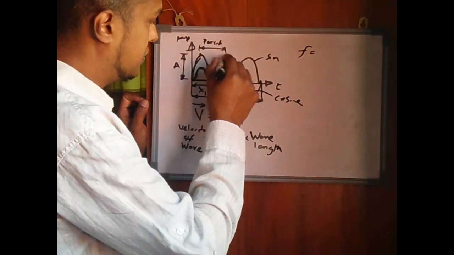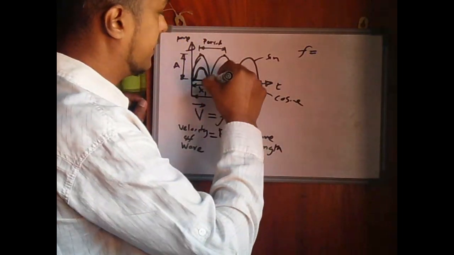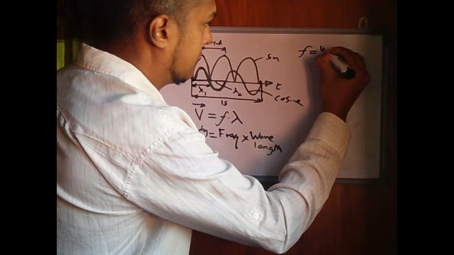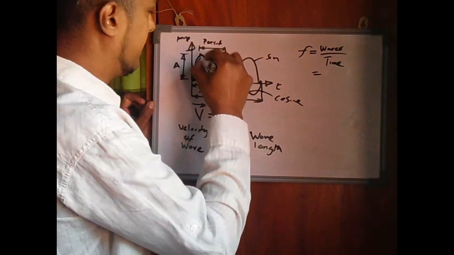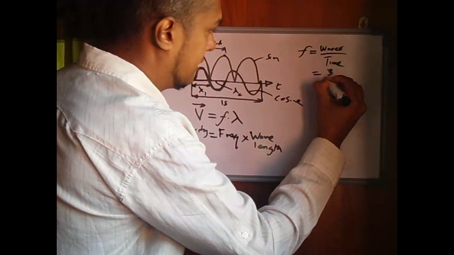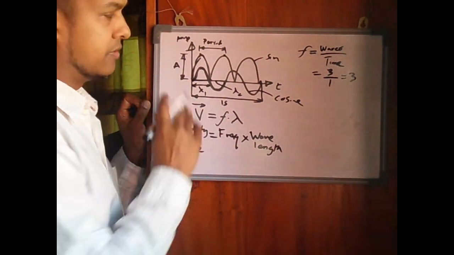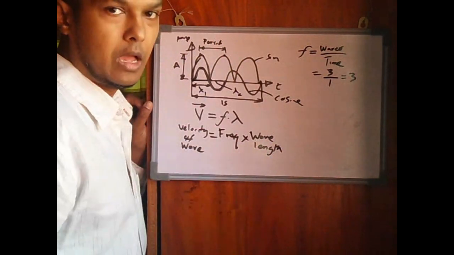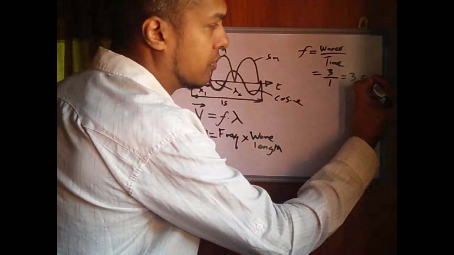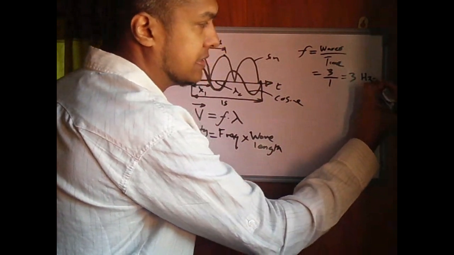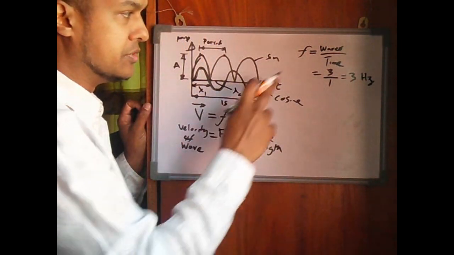So you got 1, 2, 3. Frequency depends on the number of waves divided by the time. So number of waves 3 divided by 1 second. So the frequency would be 3 for that first wave, and the unit for this is called hertz. That is a name derived from the scientist who found this unit.